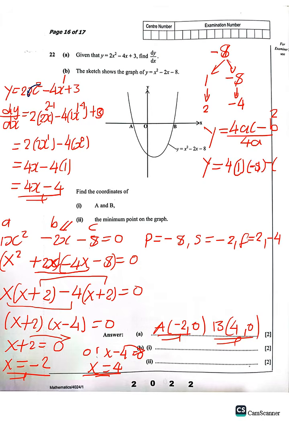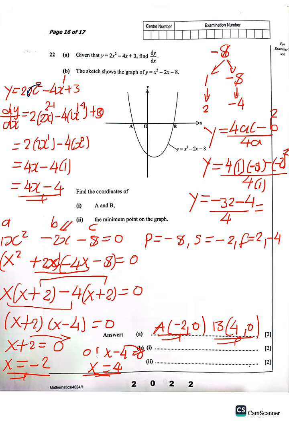B is -2 squared over 4 times 1. So 4 times 1 times -8 is -32 minus -2 squared, which is +4, over 4.